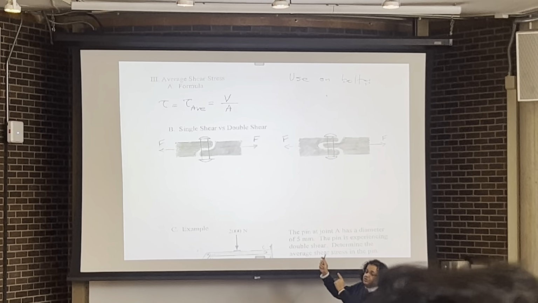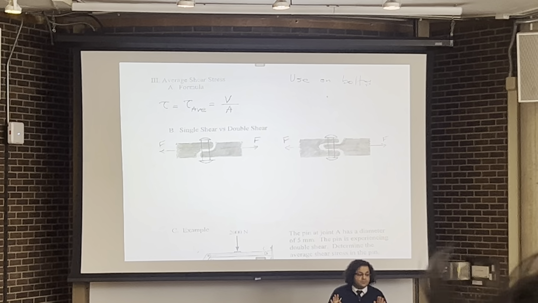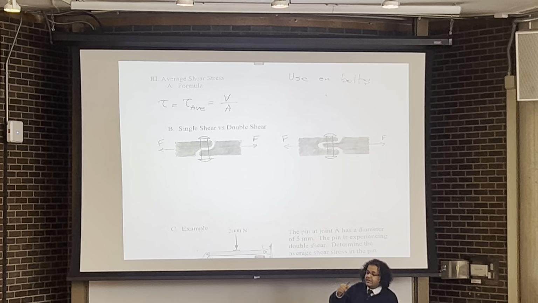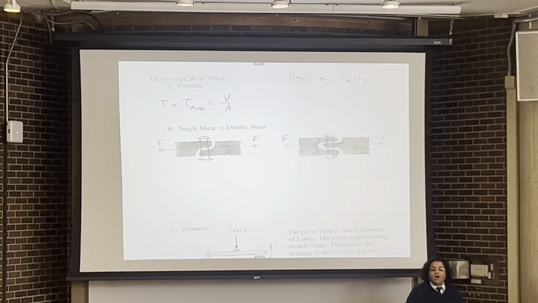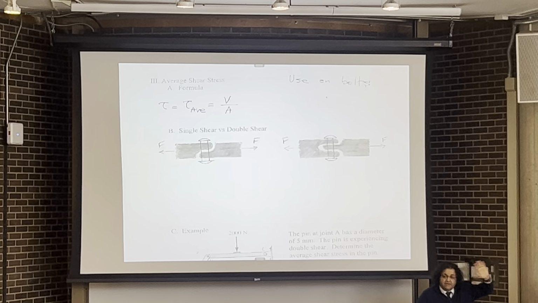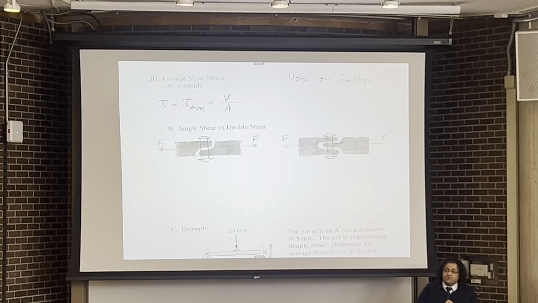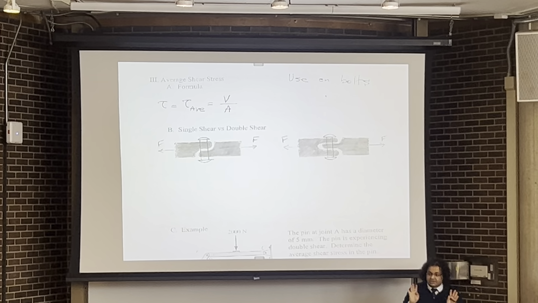Can we use this equation for beams as well? The answer is absolutely not. We cannot use this equation, that shear stress is equal to shear force divided by area, for beams. Why can't we use it? Because, as we will clearly show later in this class, the shear stress in beams is not distributed uniformly along the height of the cross section.